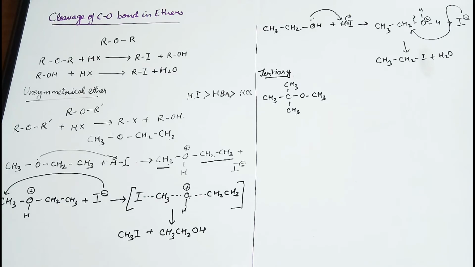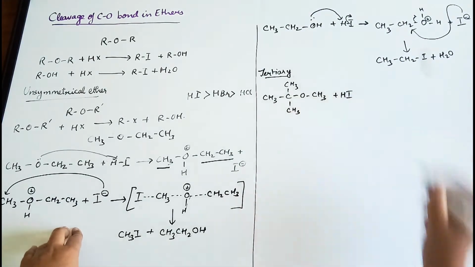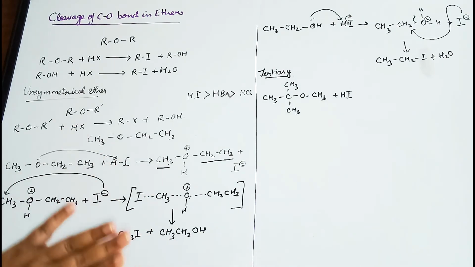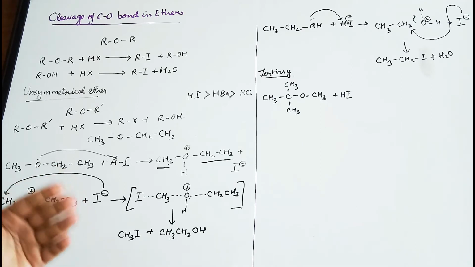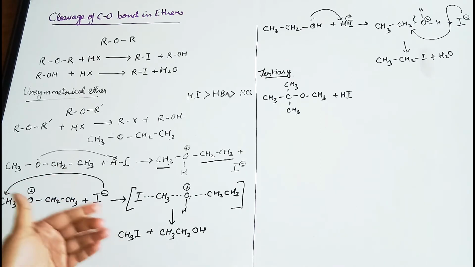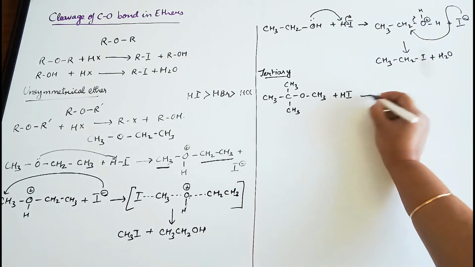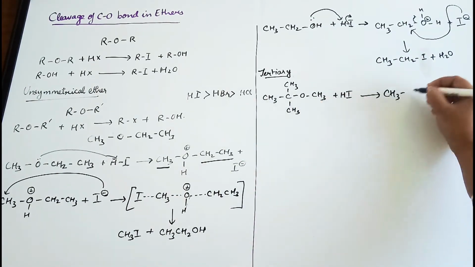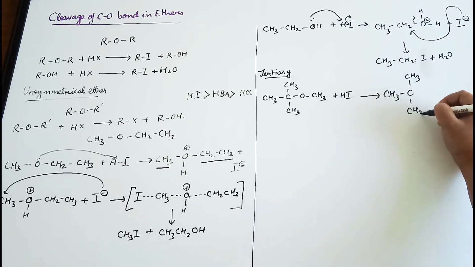Now when this reacts with HI, in the previous case we discussed that the lesser substituted carbon atom, the primary and secondary, is going to give us an alkyl halide. But in this case, the more substituted one, that is this carbon atom, is giving us an alkyl halide, and this is because it follows the SN1 mechanism.